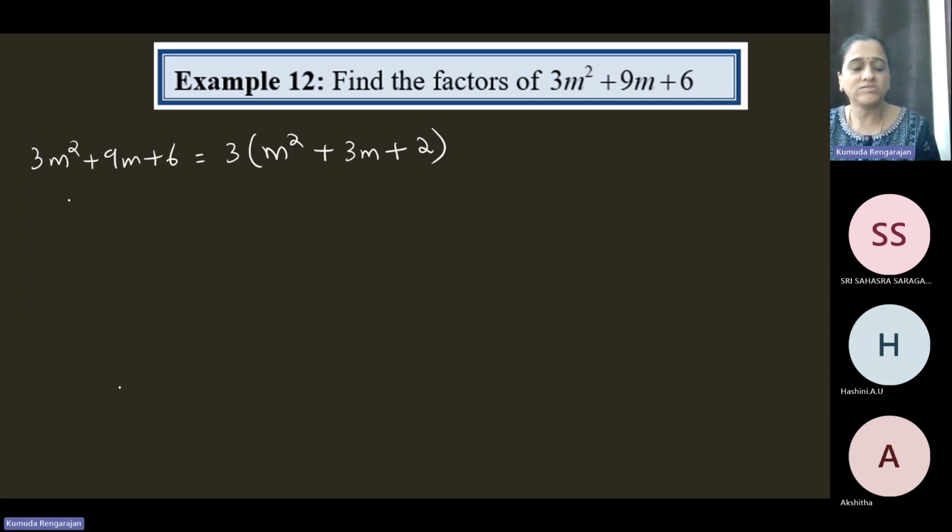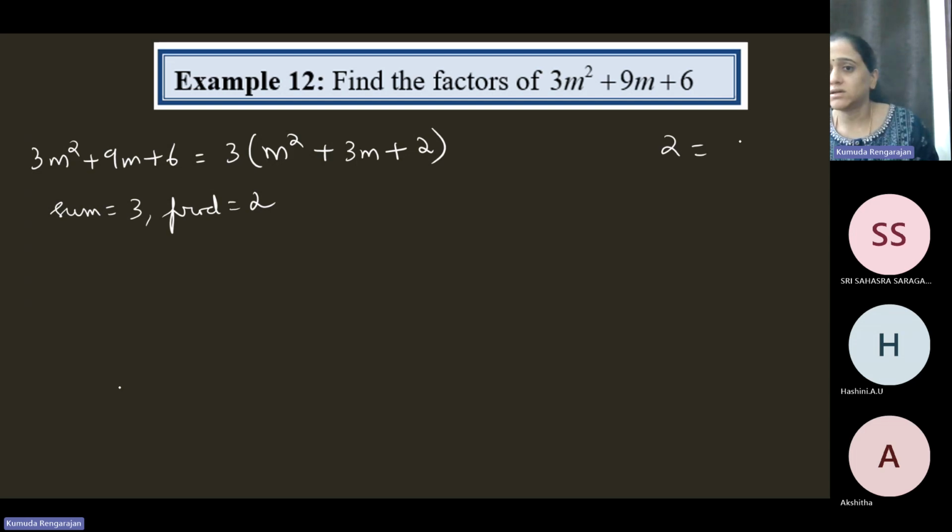Okay. So, what's the sum? What's the product? The product is 2. 2 is 2 only. So, where's the other number? You should take this 1.